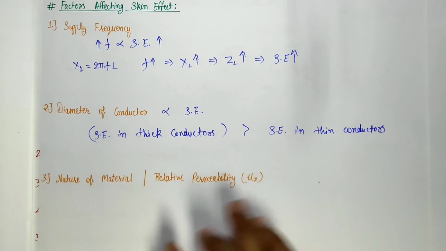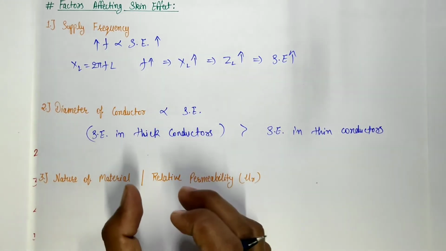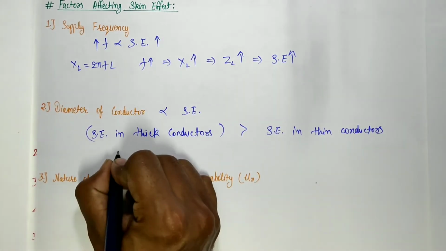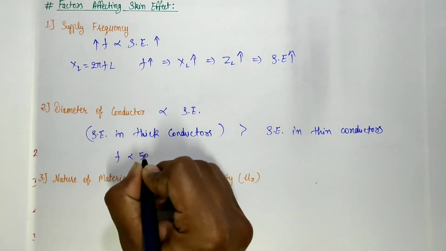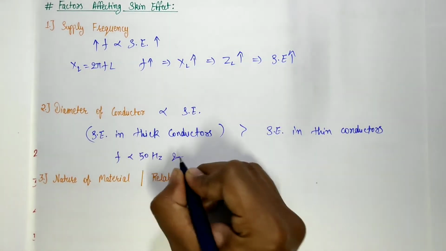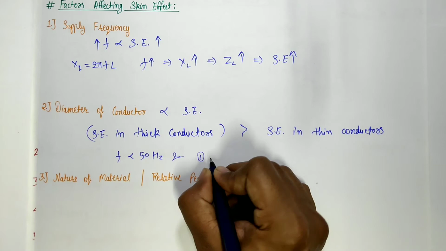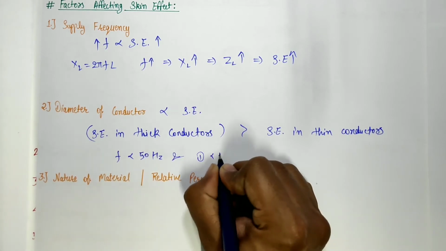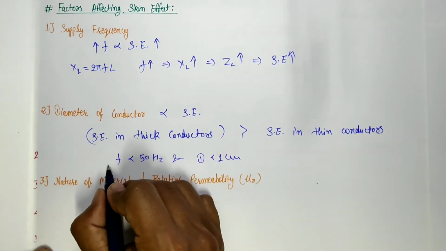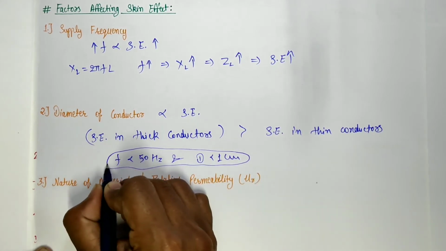Now guys, you should remember a fact that if the supply frequency is less than 50 Hertz and the diameter of the conductor is less than 1 centimeter, then skin effect will be negligible.